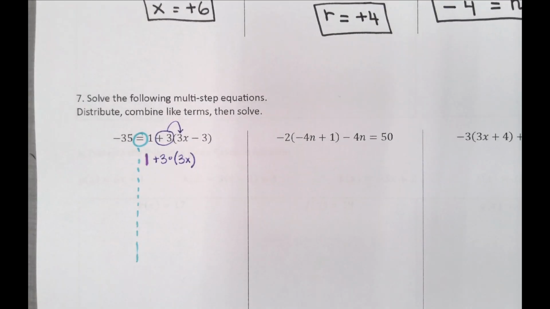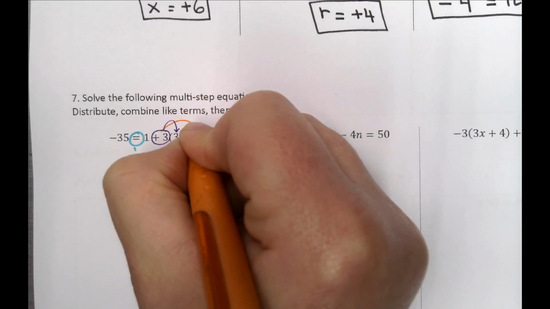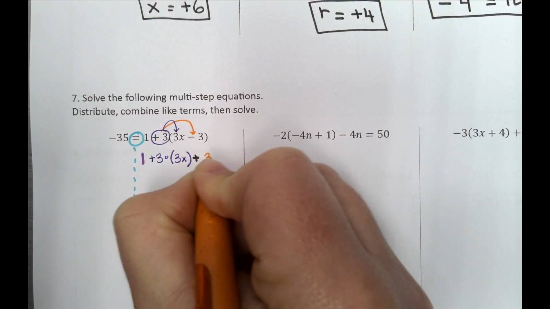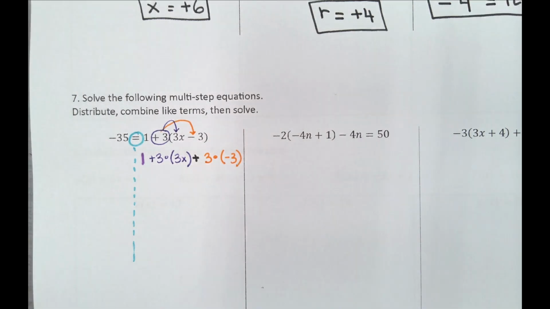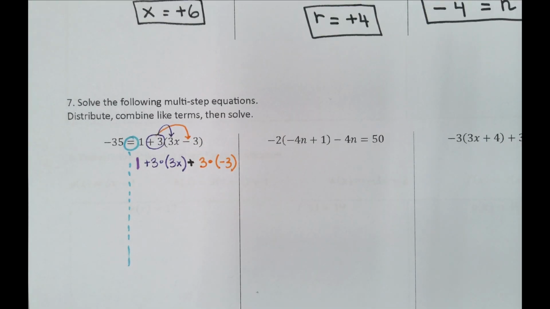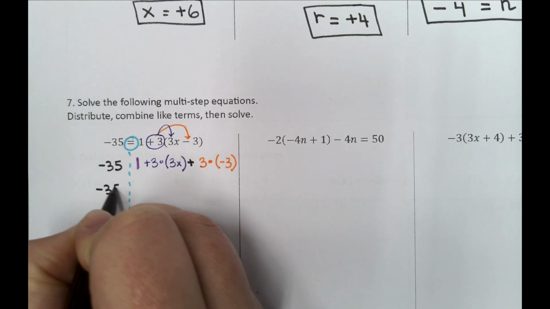There you go. And then we have our other multiplication, which we're going to take that positive 3 and go on to this negative 3. So positive 3 times open negative 3, close it. This negative 35 on the other side stays as a negative 35. Bring it down, negative 35.